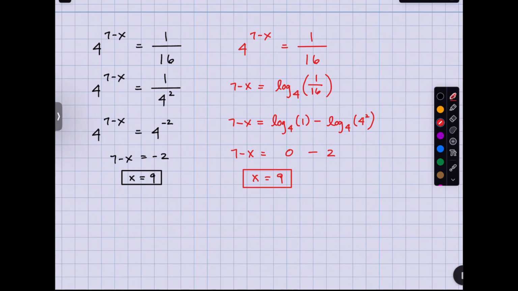Yes. So if we had no clue, zero clue how to make the base the same, we don't see it, that 4 and 16 can't get to the same base, right?